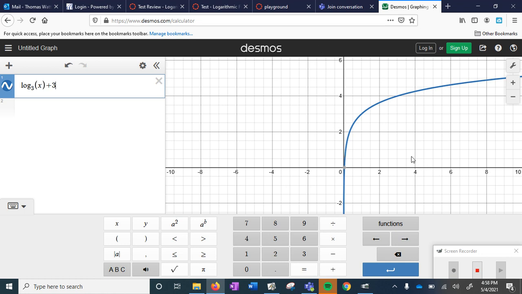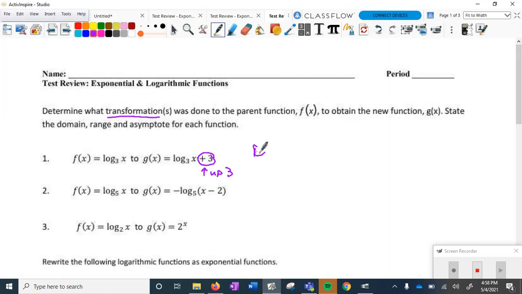It's not negative infinity, no negatives over here. It's the range that is negative infinity to positive infinity, and it has a vertical asymptote at x equals 0. So domain 0 to infinity, range negative infinity to positive infinity, and x equals 0 is the asymptote.